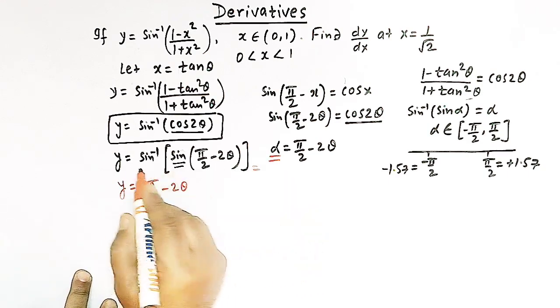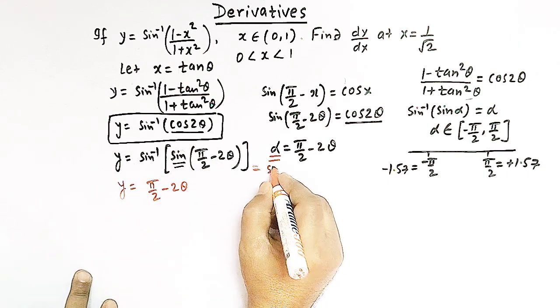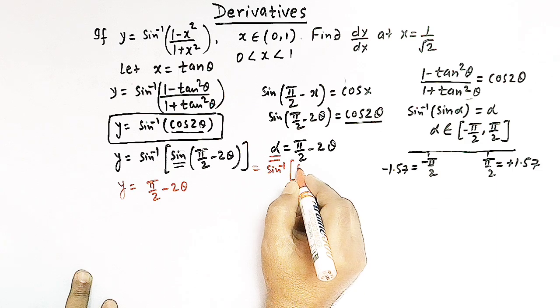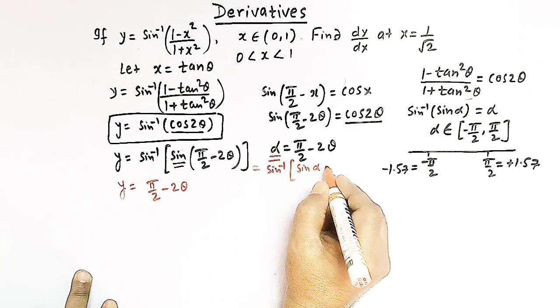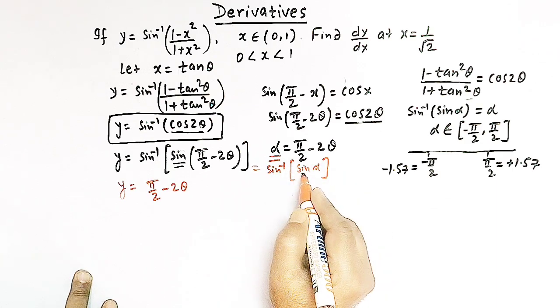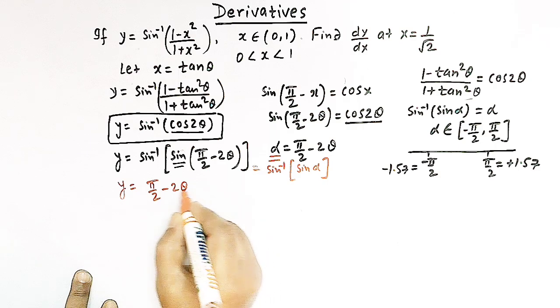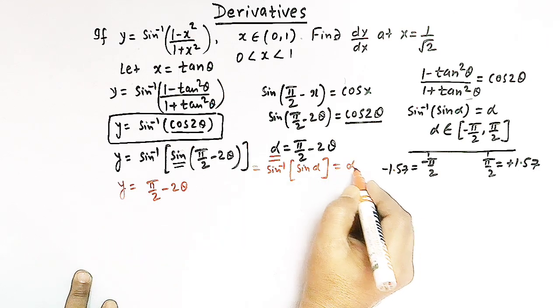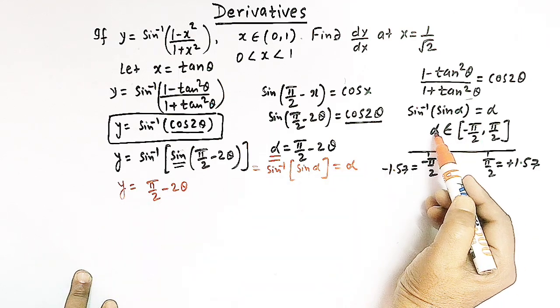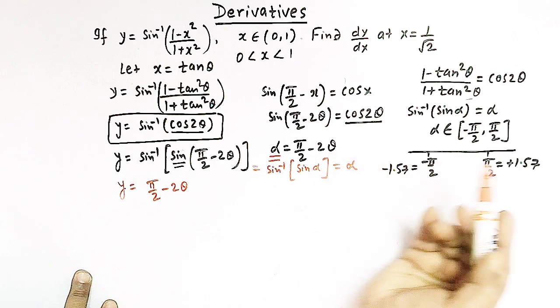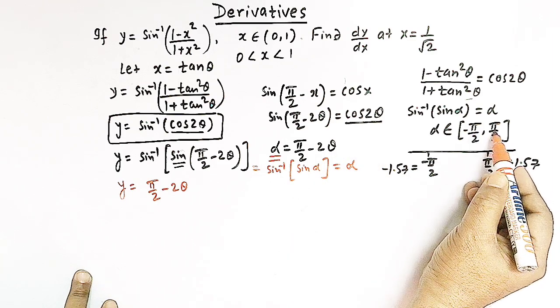We can write this expression as sine inverse of sine alpha, and sine inverse sine alpha is equal to alpha when alpha, that is pi by 2 minus 2 theta, belongs to this interval.